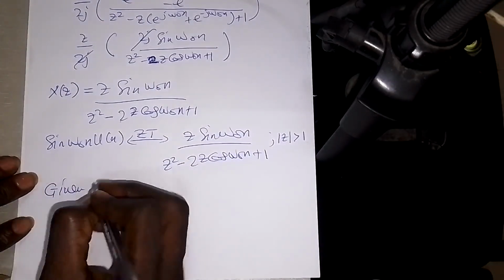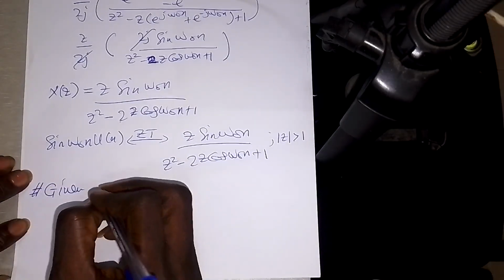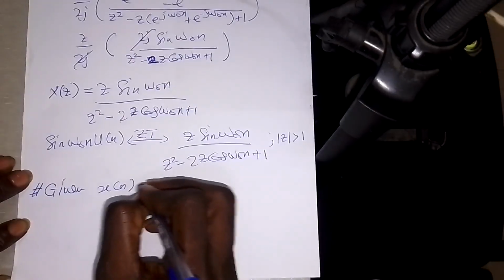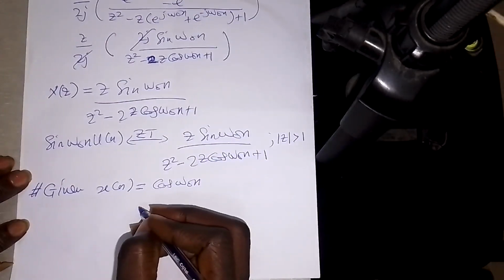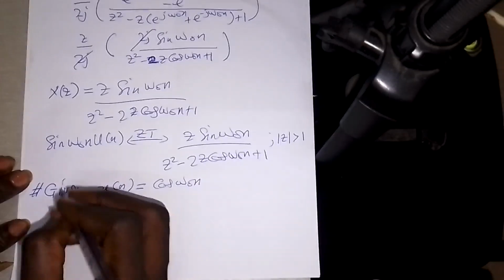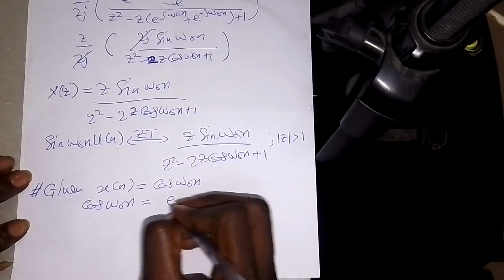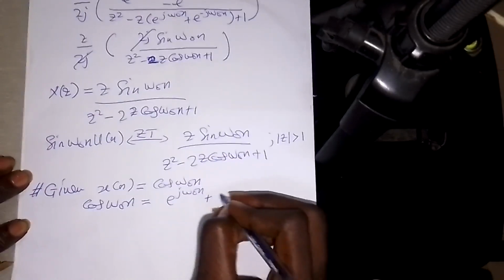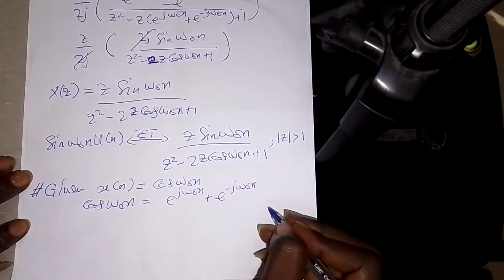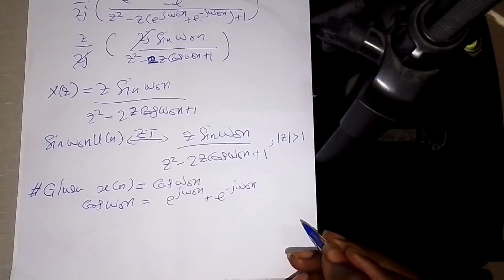Given x of n equals cos omega naught n. So here we know that cos omega naught n is equal to e^(j omega naught n) plus e^(-j omega naught n).